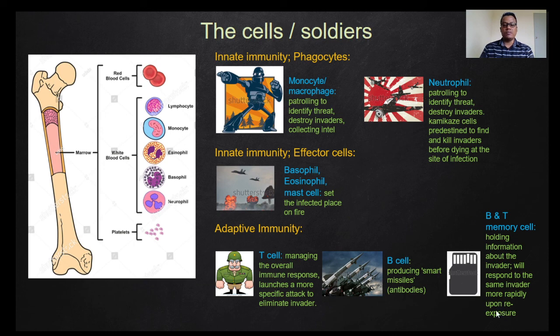So this means we will not be suffering from a threat by the same pathogen or invader, because we already have the memory of them. So next time when they try to invade our body, the T and B cells together with the innate immunity can produce a much quicker response to eliminate them.